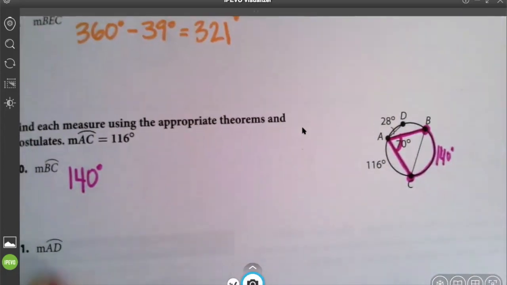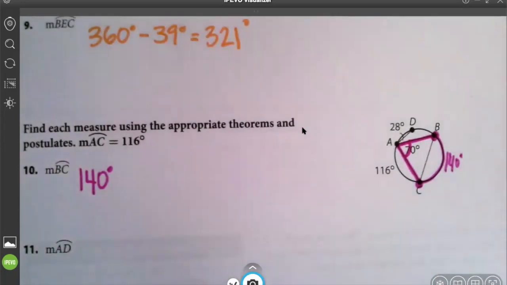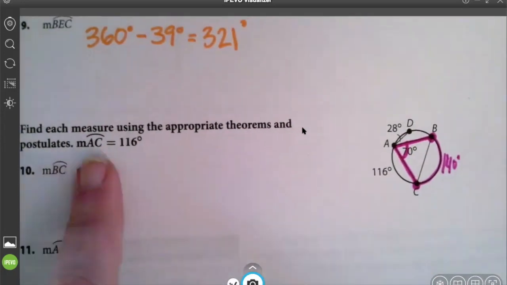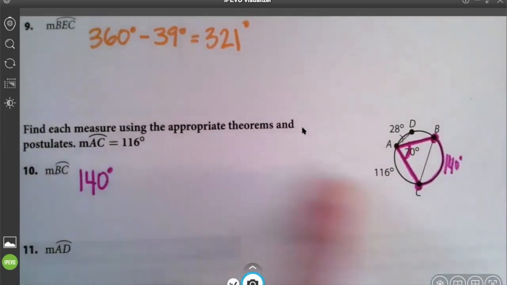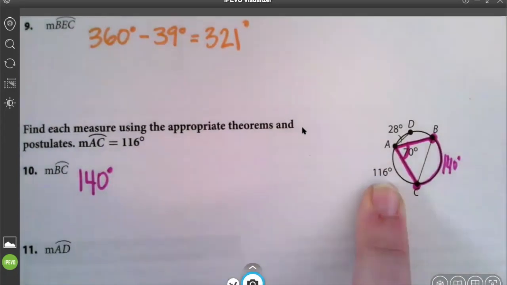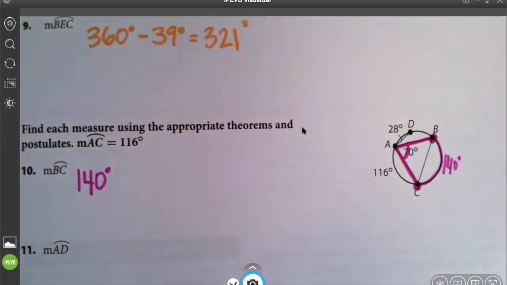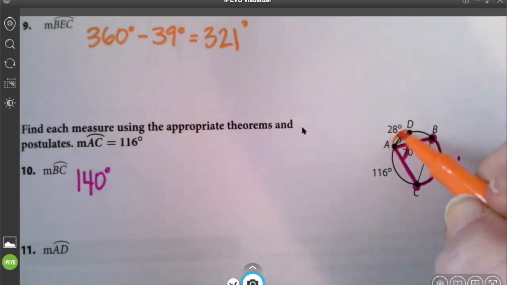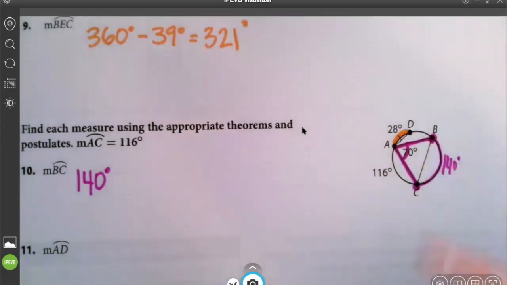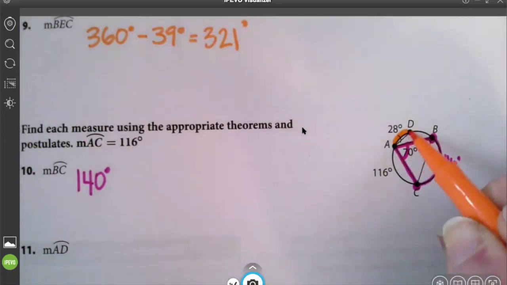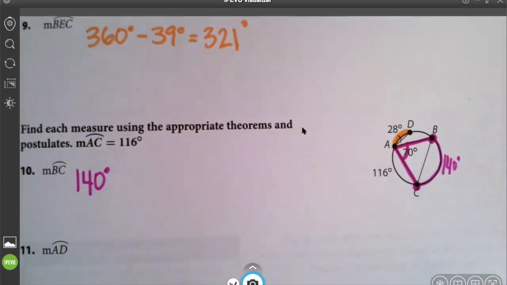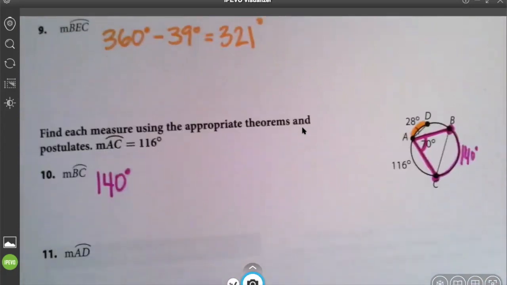Then we have arc AD. Now it tells us up here that AC is 116, that's right here. And we have AD right in there. Now that 28 is not going for arc AD. The 28 is pointing to the measure of angle DAB. So let me give you a second to think about how you might solve that as well.